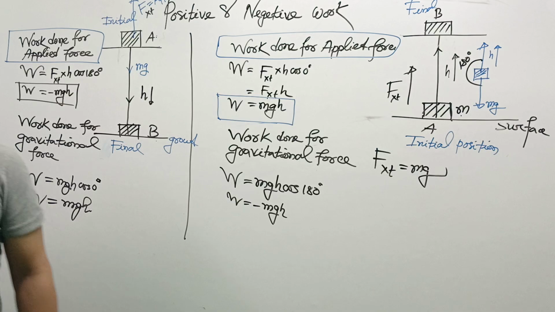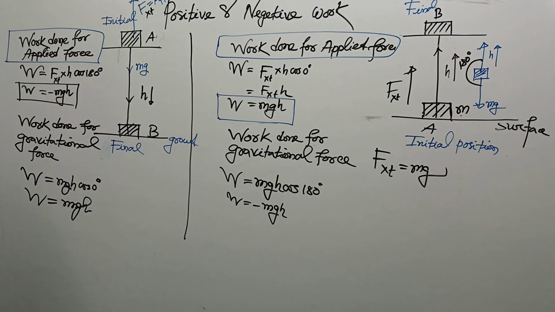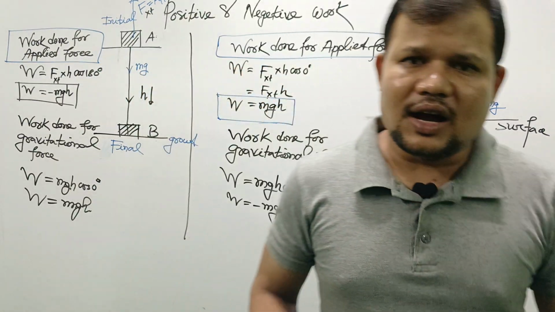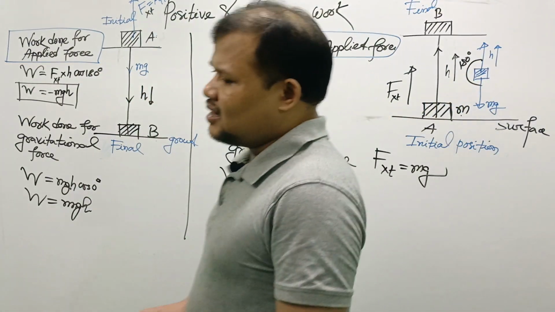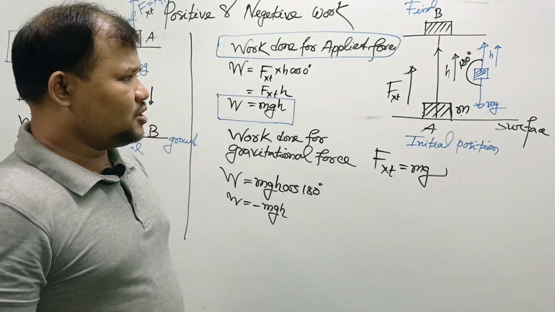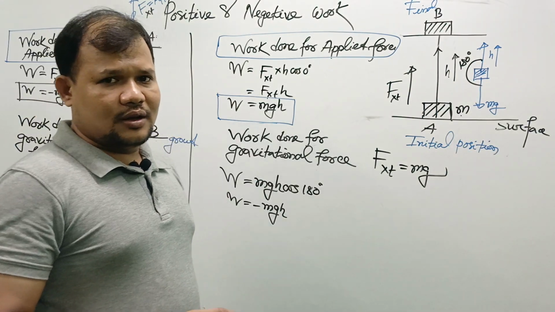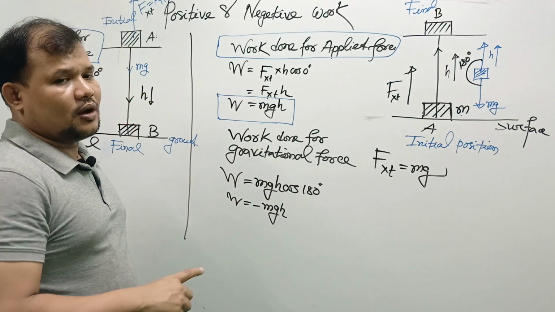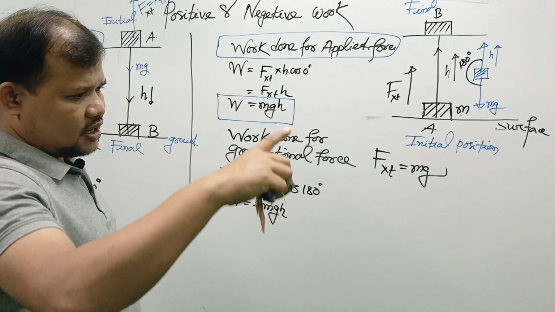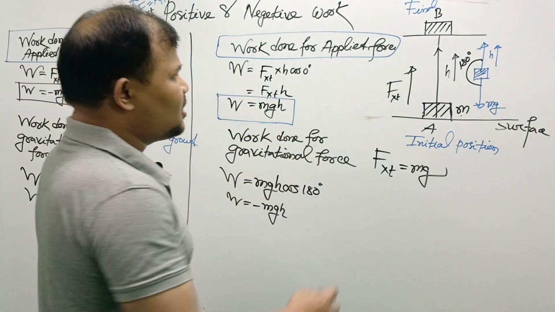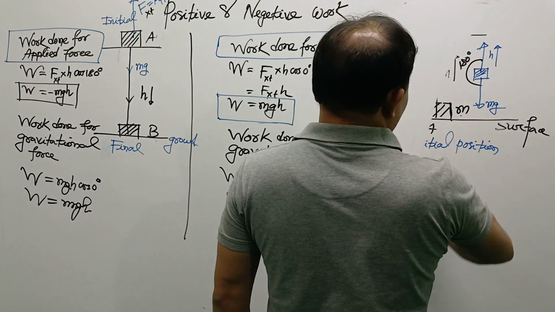Now my dear students, I am trying to give you another example. In case of the inclined surface, it is very important for us to measure the work when any object is taken h meter height from the ground level on the inclined surface, or taken from h meter height to the ground on the inclined surface.